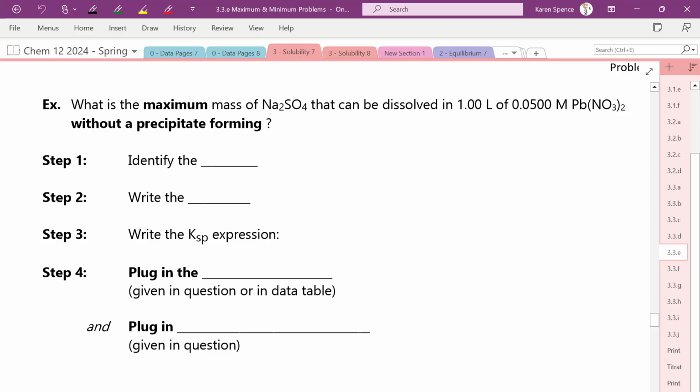Okay, so do you see this one here? So you're plugging in the value.